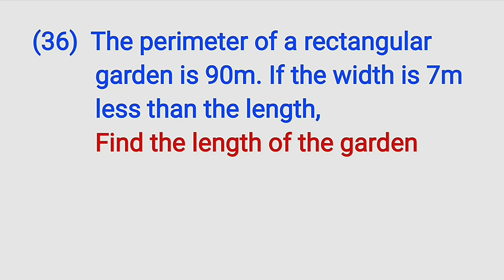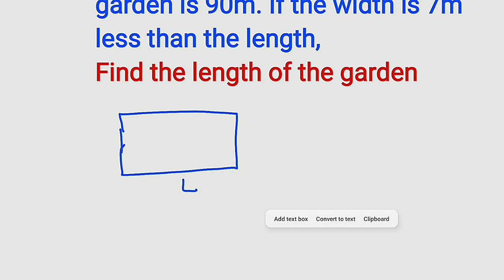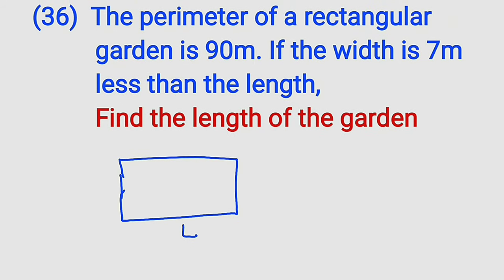Okay, let us make a rough sketch here. Suppose we have a rectangular garden like this. This is the length, right? The longest side. But according to the question, the width is 7 meters less than the length. So we can say that length minus 7 will give us the width, right?